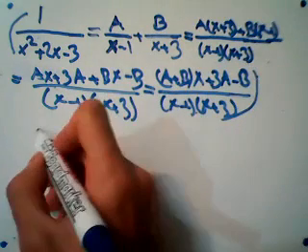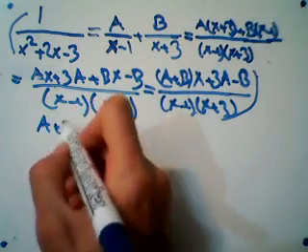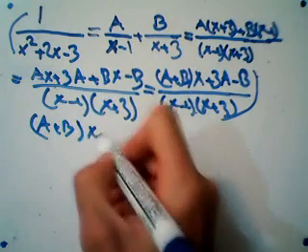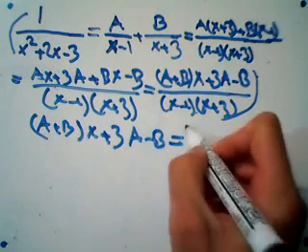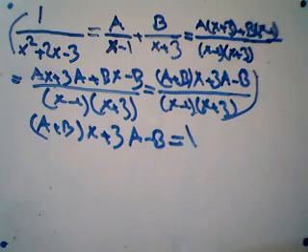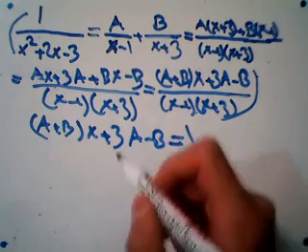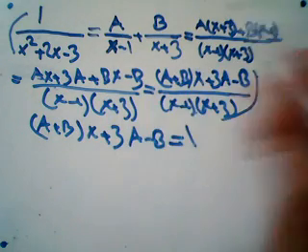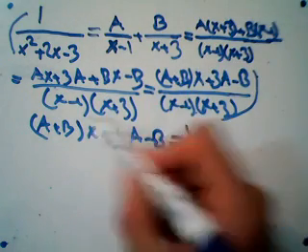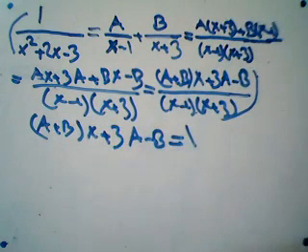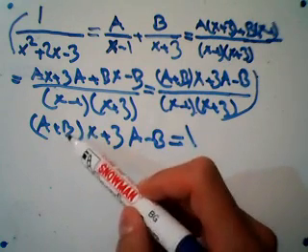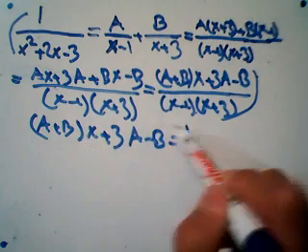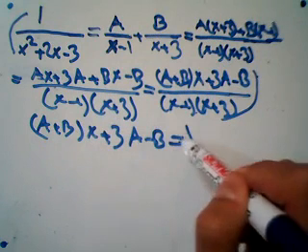Then a plus b times x plus 3a minus b should be equal to 1 for every value of x. You know, this is not an equation. For every value of x, this should be equal to 1.